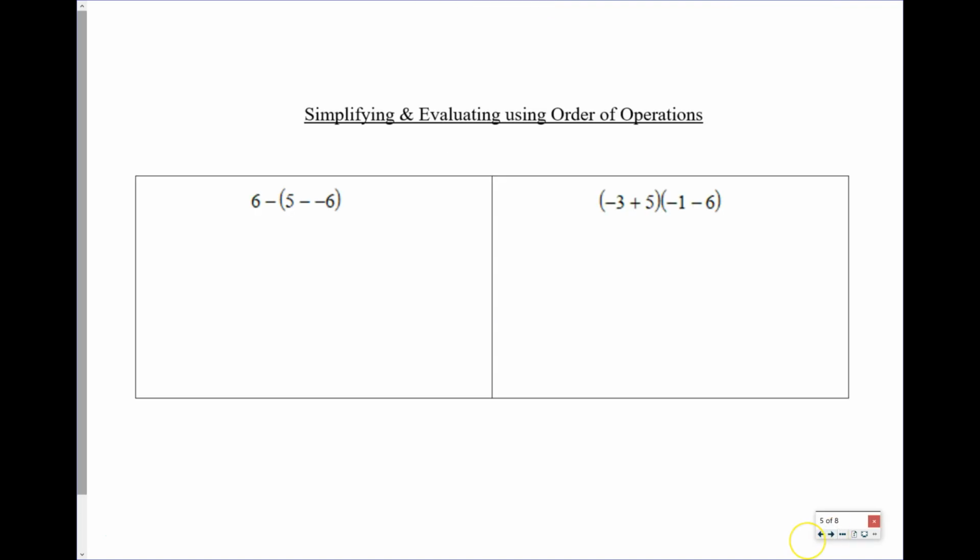The last thing we're going to talk about is evaluating using order of operations and simplifying using order of operations. So number one, and if you want to, at the top of your paper, always write GEMDAS. That might be helpful here. So the first thing I see here is a grouping symbol. So G, grouping.